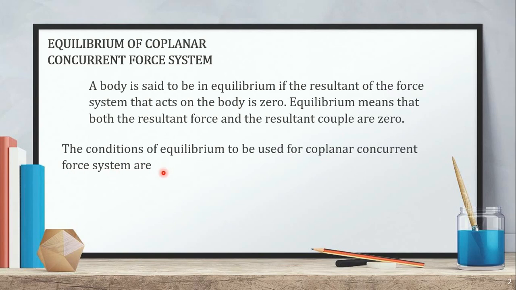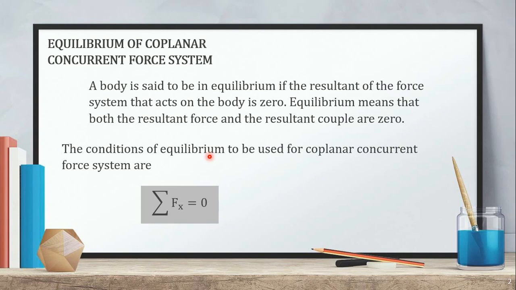Okay, so the conditions of equilibrium to be used for coplanar concurrent force system are, by the way, in coplanar force system, may tatlong condition tayo of equilibrium. That is summation of fx is equal to 0, second is summation of fy is equal to 0, and third is summation of moment is equal to 0. But dito sa coplanar concurrent force system, una nating pwedeng gamitin is summation of fx is equal to 0, or summation of horizontal forces is equal to 0.